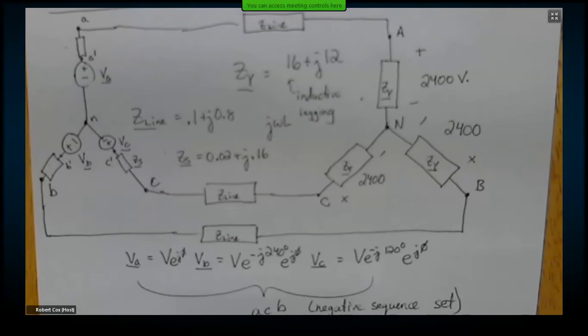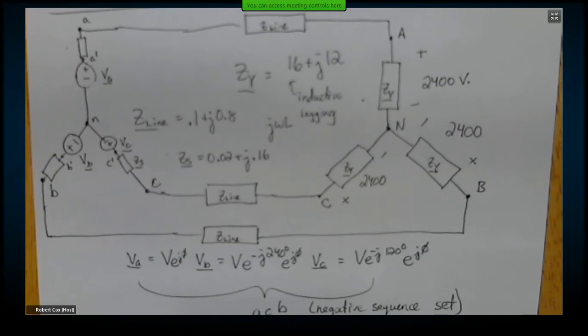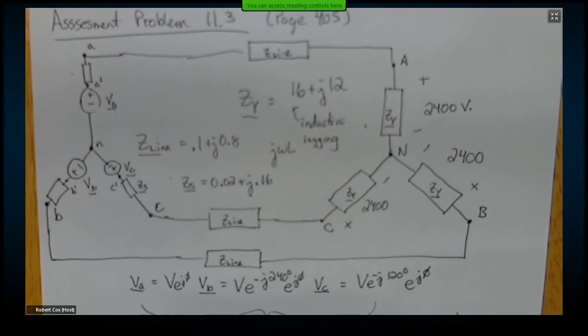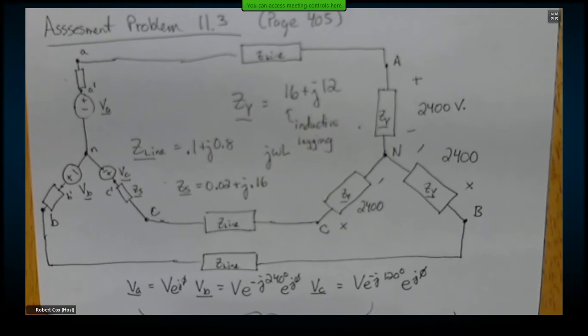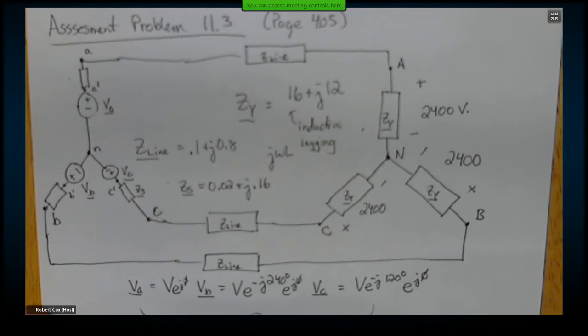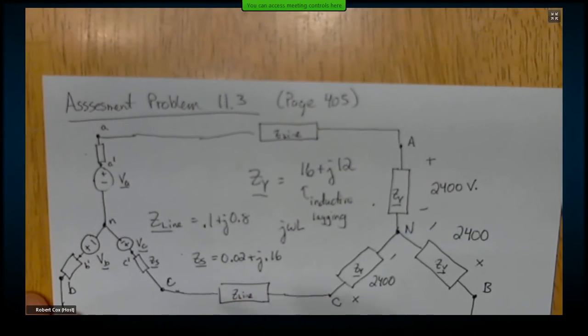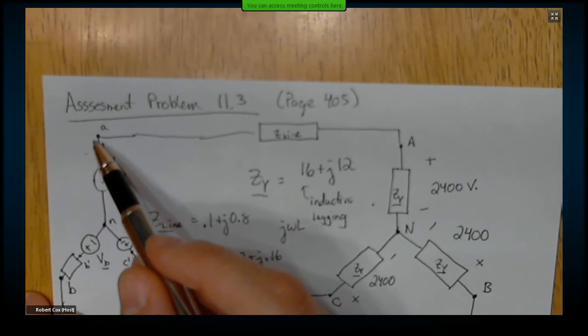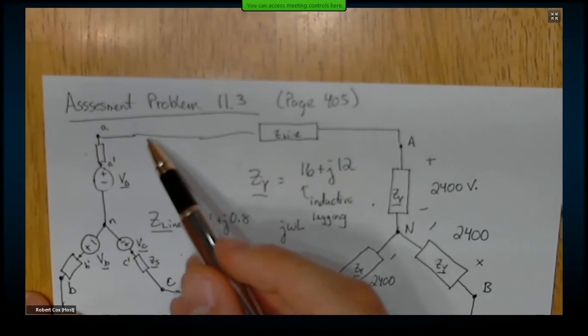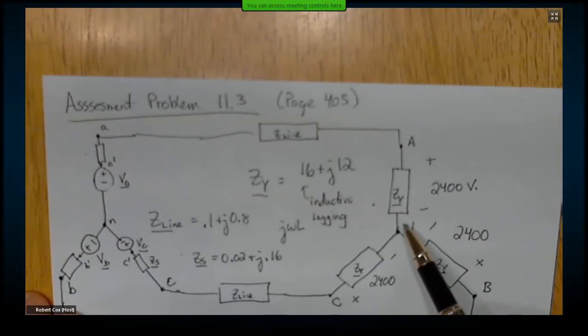Now what we want to do to solve anything in these particular problems is get an equivalent single phase circuit. So how do we get that? Let's look at A phase. Here's VA, the source. If I follow a current leaving A phase, it goes out through this Z source, through Z line, through ZY.